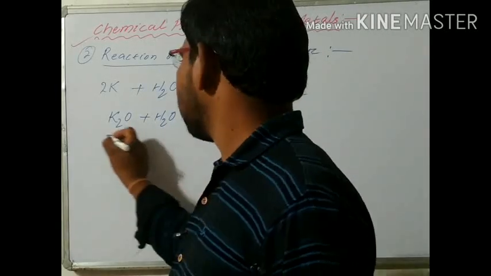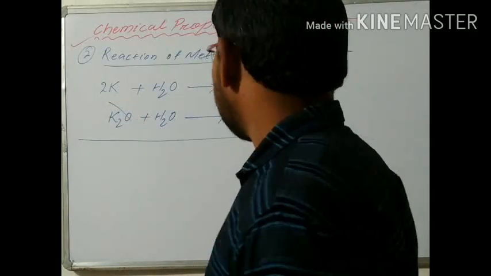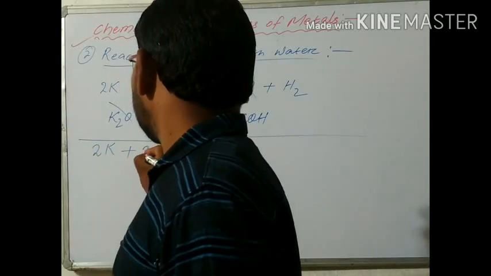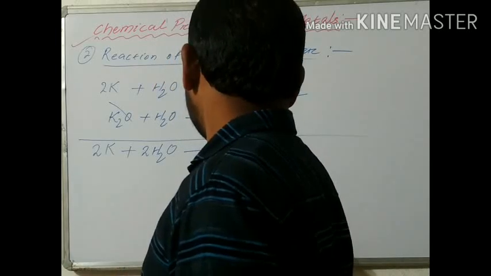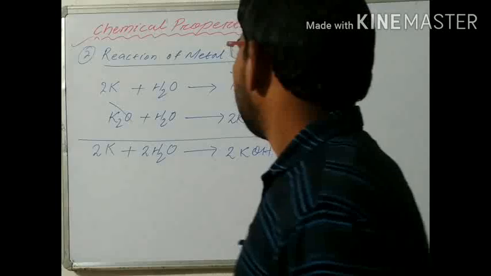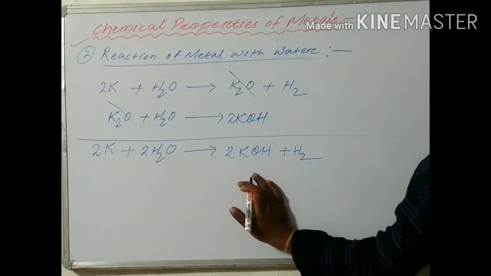Then now balance. Then this K2O we cancel, and we get 2K plus 2H2O to form 2KOH plus H2. Okay, so we get potassium hydroxide.